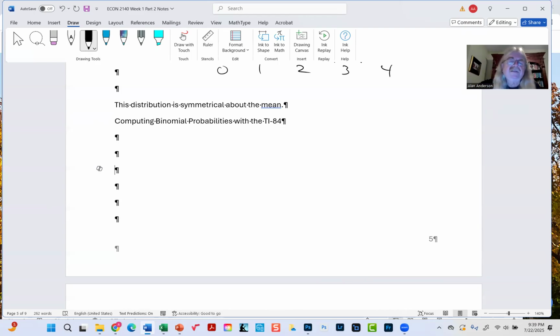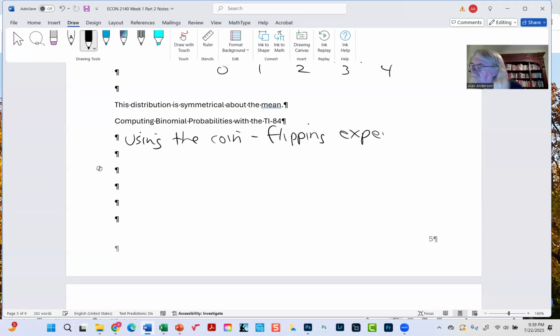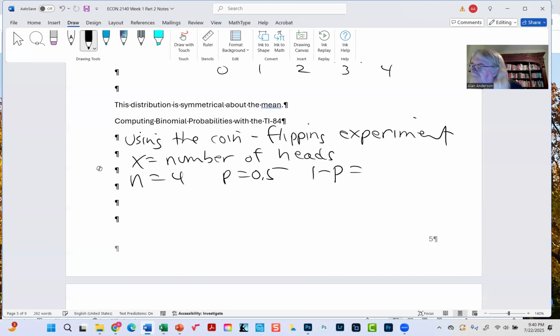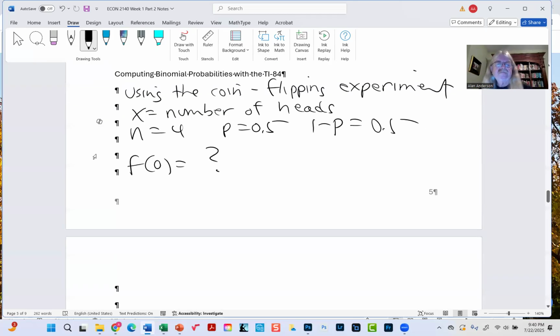So we'll keep the same case, the same coin flipping experiment. So that means that X is the number of heads. Number of trials is 4, P is a half, and 1 minus P is a half. How do I calculate P(X=0)? All right, so here's what you have to do.